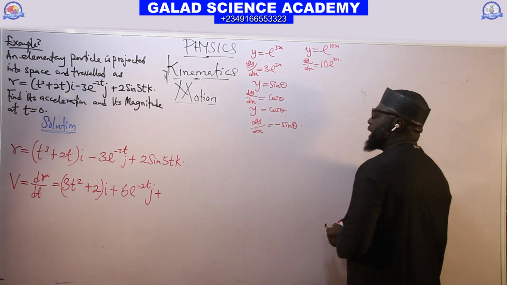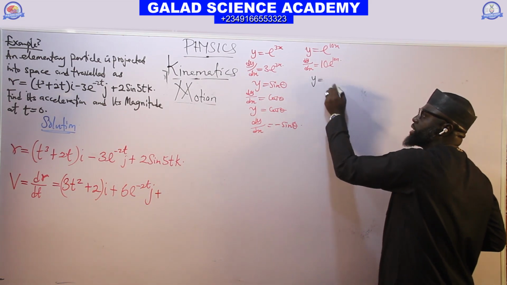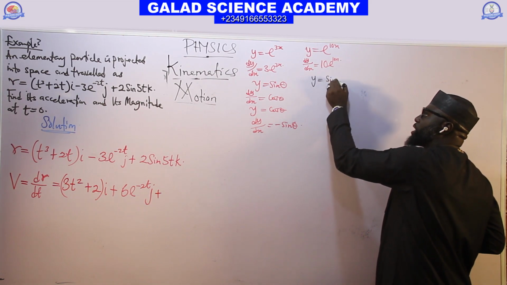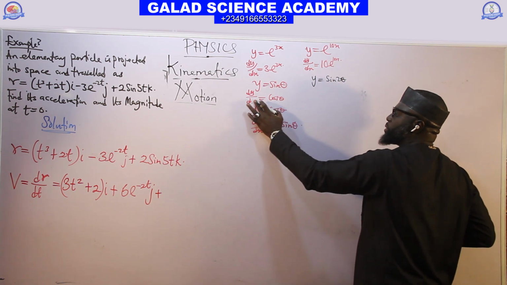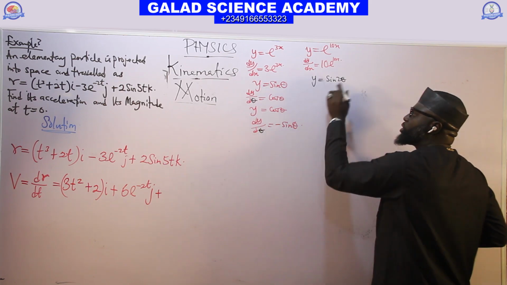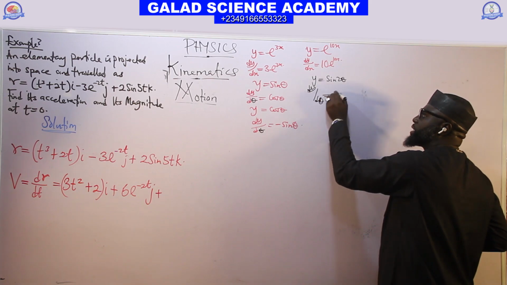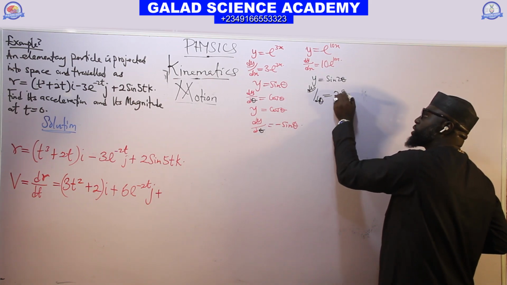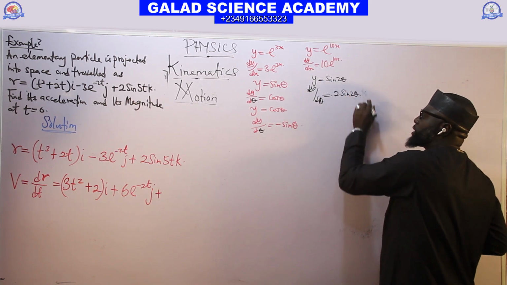And again, assume we have y equal to sine 2 theta. Sorry, I put theta here. dy/d theta will be 2 cos 2 theta.